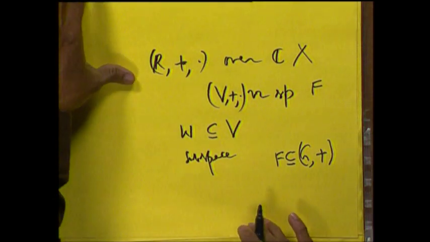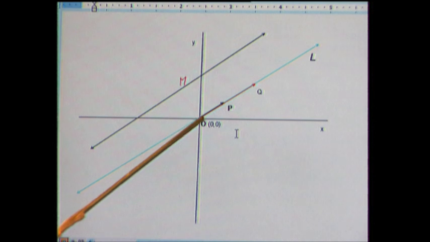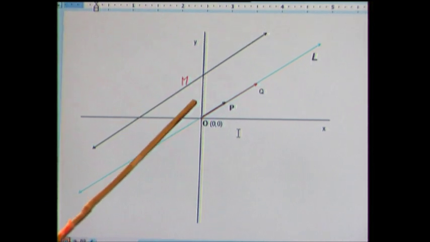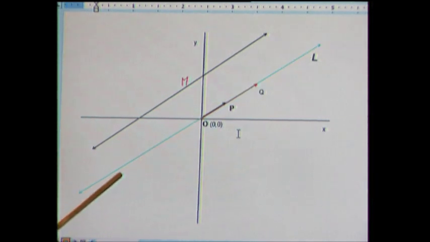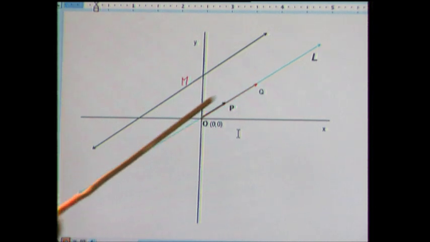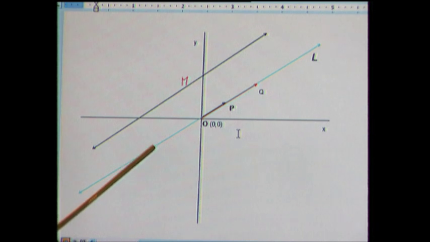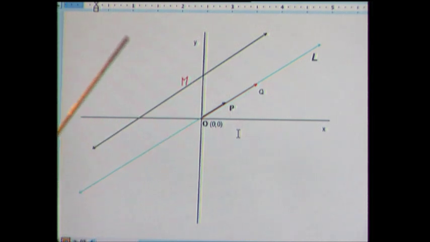In R2, any line passing through the origin is a vector subspace of the vector space R2. We know that R2, plus, dot is a vector space over R, and if you take any line y equal to mx passing through the origin, you can see that the points on that line form a vector space with respect to the addition and scalar multiplication defined on R2.